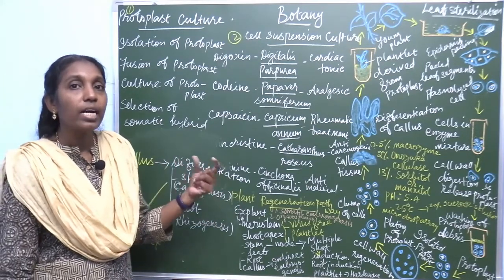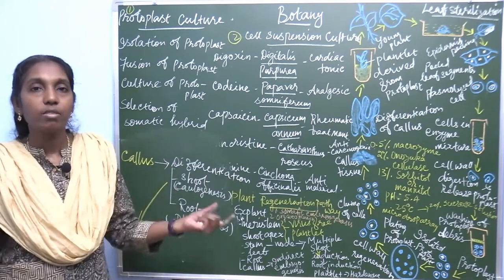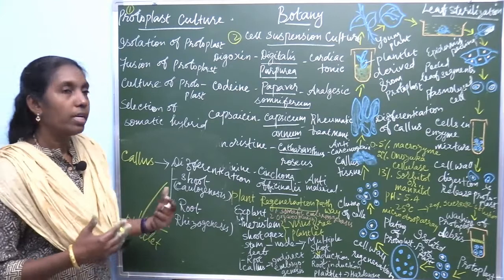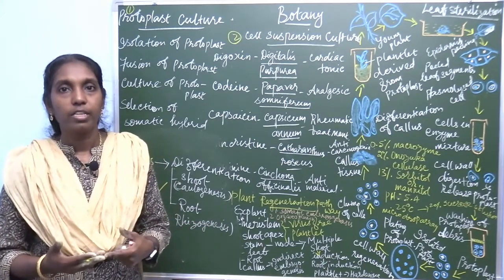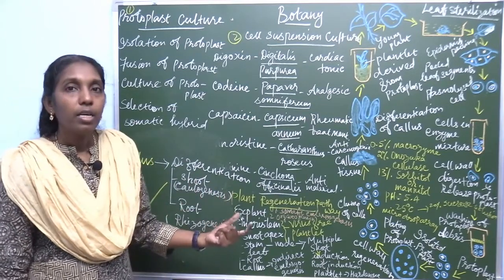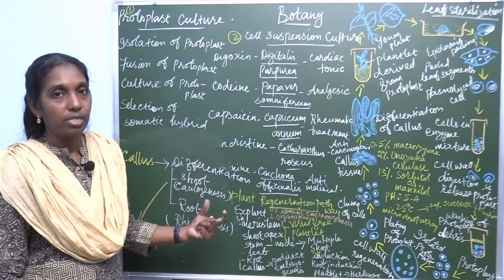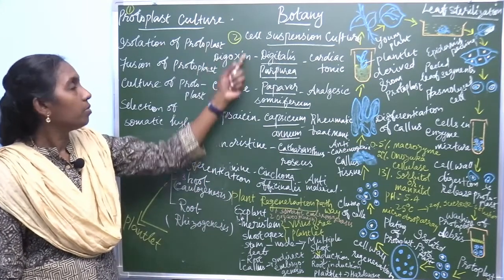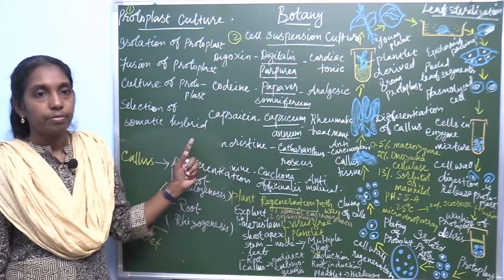This is used for conservation of biodiversity. There are so many rare plants which cannot grow in the natural environment condition or normally. So, this technique can be used for conserving the plant diversity in this protoplast culture.